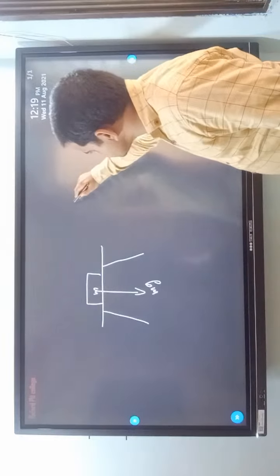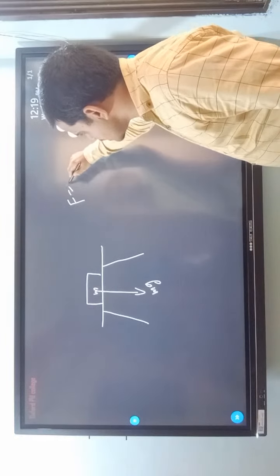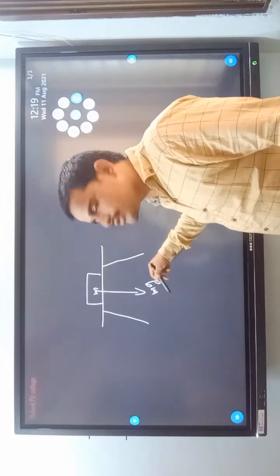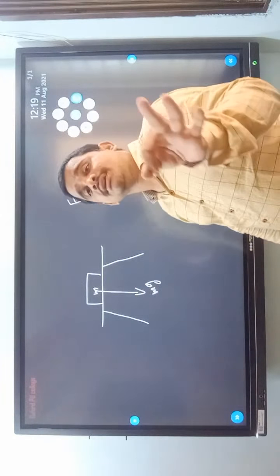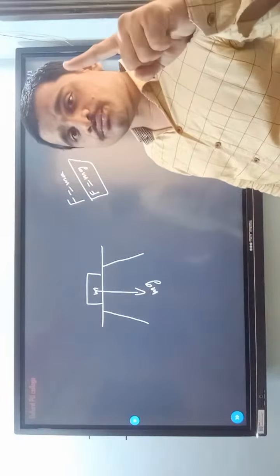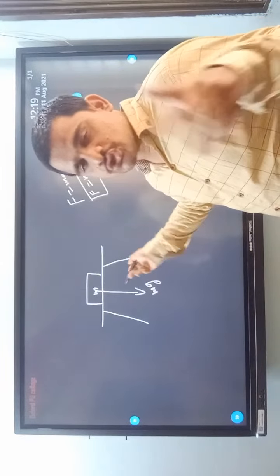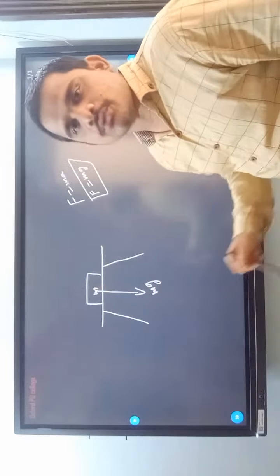Why? Because, as we know, force is nothing but ma, and the acceleration given by gravity means a is g. So F is equal to mg is the force acting on the body. Always remember this point: force is a vector quantity. The gravitational force is mg, and it always acts downward.